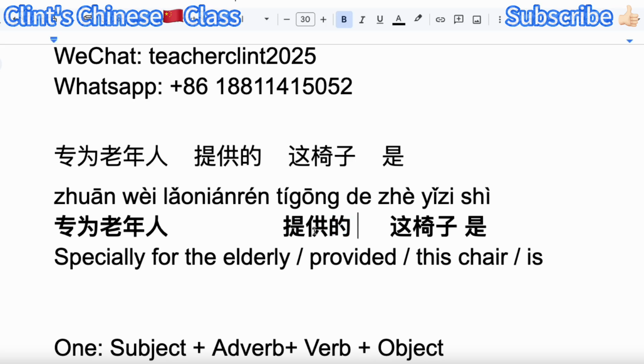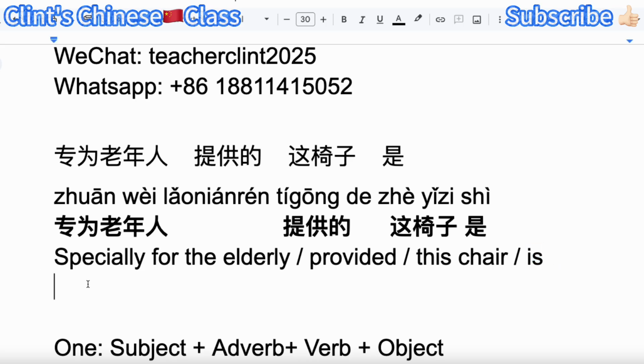We add a 的, the whole thing will act as a noun phrase, especially if the noun is omitted. 这椅子, this chair. Okay, whenever you see a noun or noun phrase, you will easily know the subject and object. 是 is to be here.